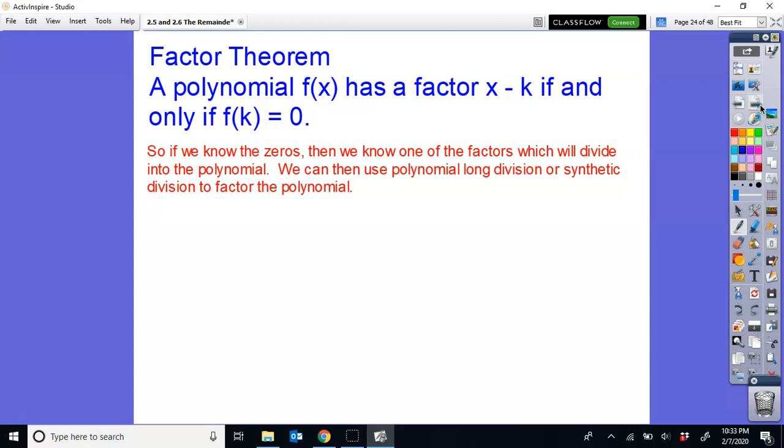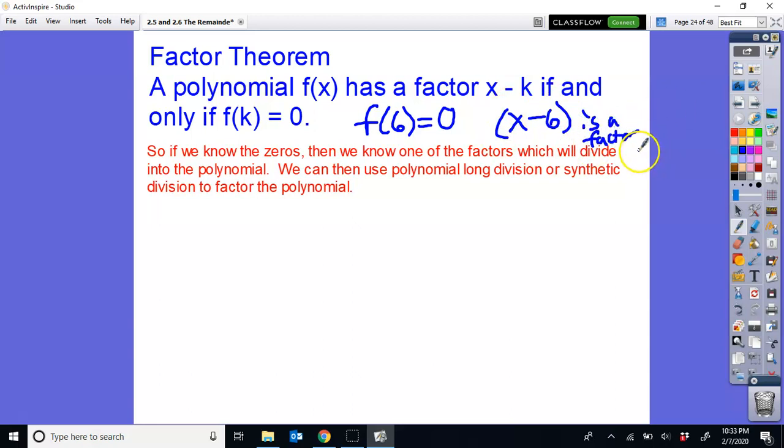What the factor theorem says is a polynomial has a factor if, and only if, you plug in the opposite number and you get 0. In other words, if you plug in 6 and you get 0, that means x minus 6 is a factor.